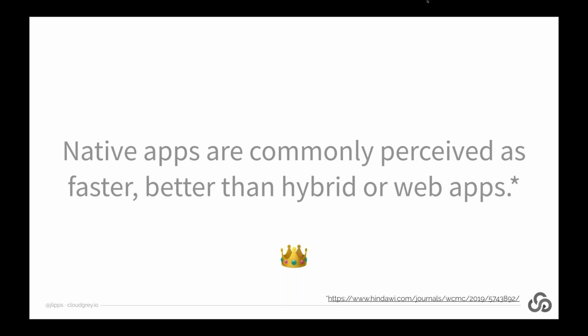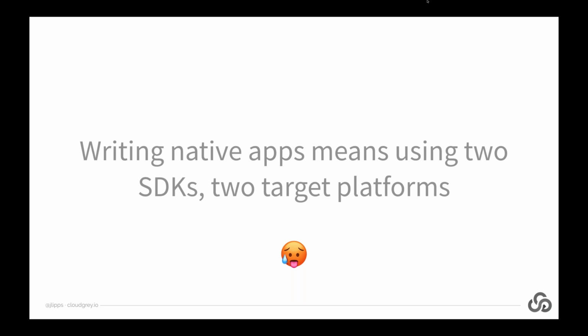So there's certainly examples of that. And in a way, it makes sense. This is because writing native apps means using the native software development kits provided by the operating system vendors, so they have access to all of the lowest level APIs that are available on a particular device.